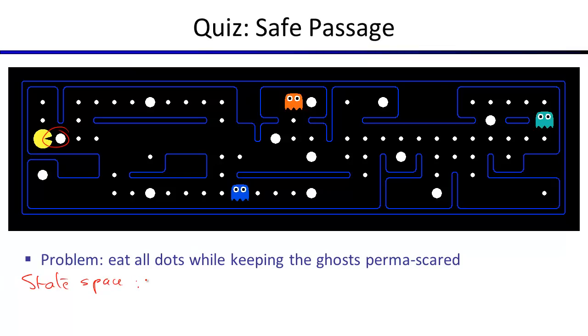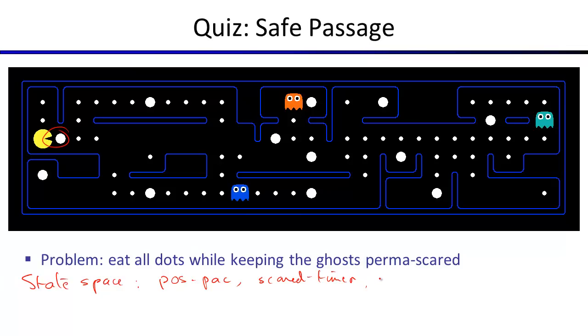All right, what did we come up with for state space? Any suggestions? So I'm hearing position of Pac-Man, I'll assume. So position of Pac-Man. Anything else? Scared timer. Anything else?